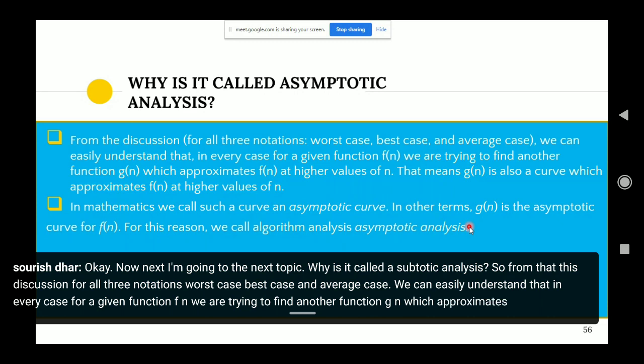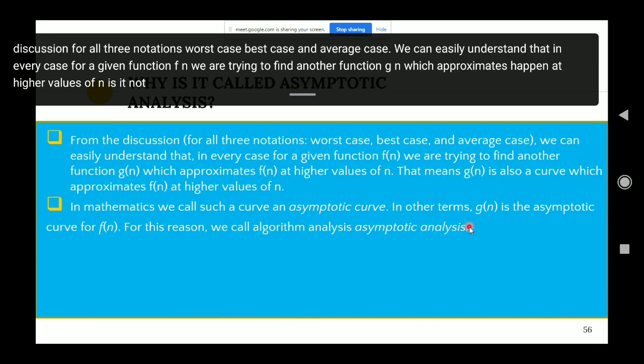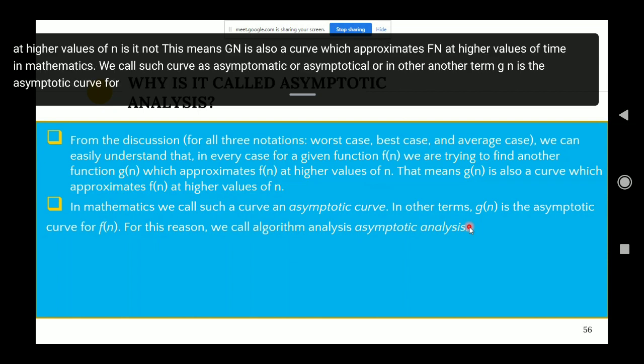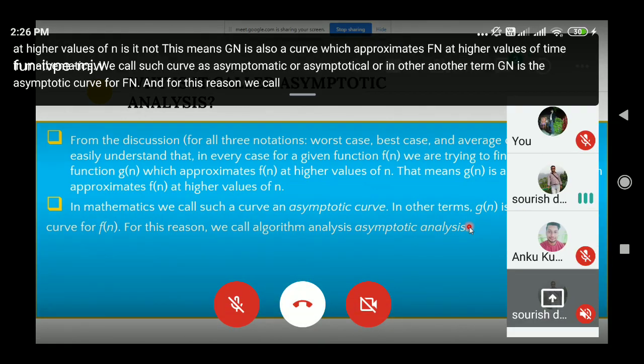Is it not? This means g(n) is also a curve which approximates f(n) at higher values of n. In mathematics, we call such a curve an asymptotic curve. In another term, g(n) is the asymptotic curve for f(n). And for this reason, we call algorithm analysis asymptotic analysis.